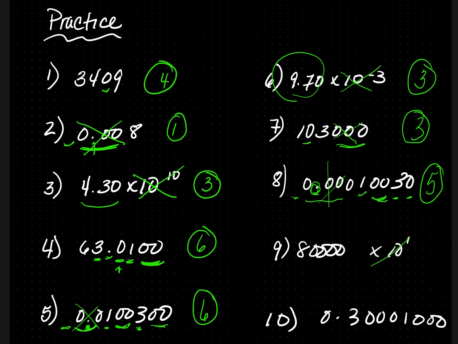Number 9, exponent. We ignore the exponent. We count everything in front. So even though the number doesn't have a decimal, this one will have 5 significant digits. The last one here, we have 1, 2, 3 sets of zeros. The first 0 is not significant. There's a decimal present, no significant digit, does not count.